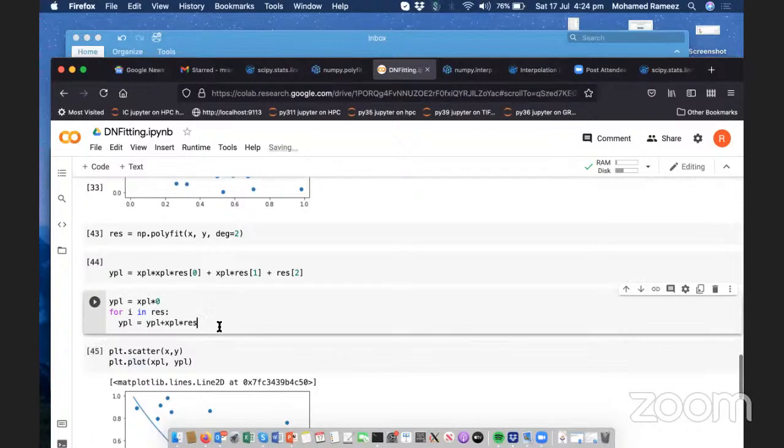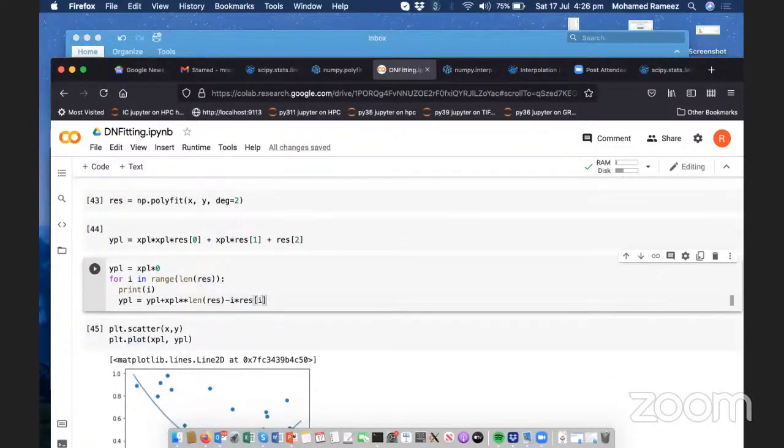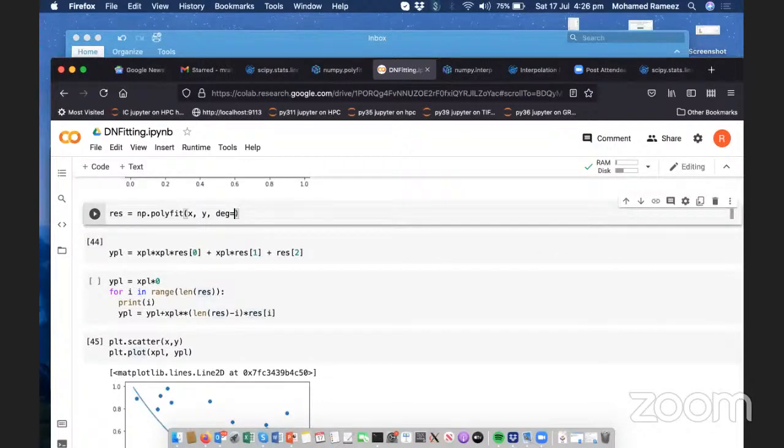I'm going to use a for loop to do this. Now let us try it this way.